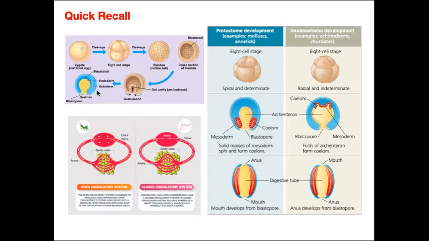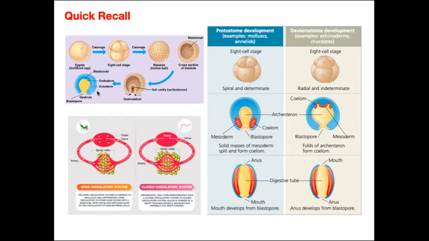And then nagkakaroon tayo ng primitive gut or yung archenteron, at yung opening will become the blastopore. Okay? Now the fate of the blastopore, whether it will form first the mouth or the anus, can also be used as a metric to delineate animals, whether they are protostome or deuterostome.